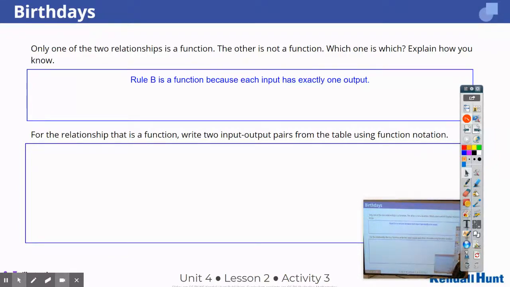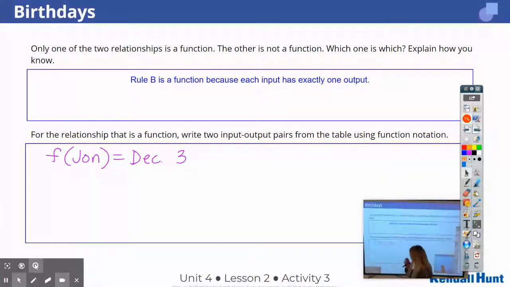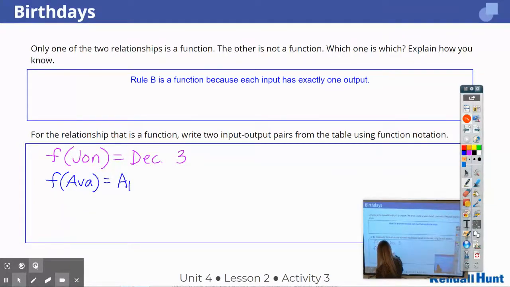For the relationship that is a function, we can write that as an input-output relationship. So for John, let's go back. I might say that F of John equals December 3rd, or the other ordered pair would have been F of Ava equals April 13th.